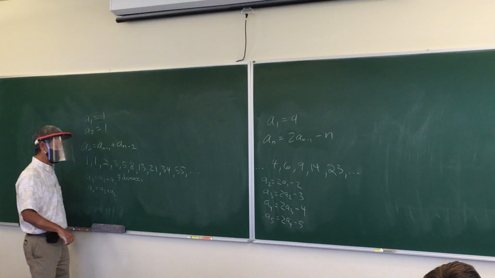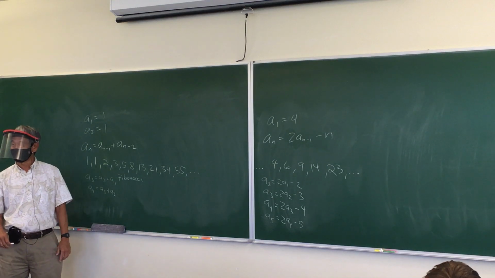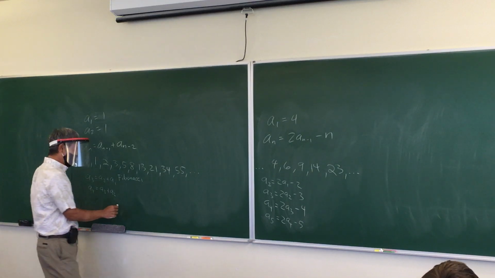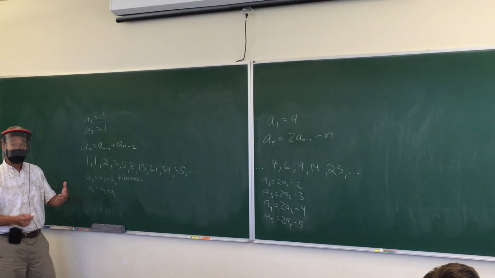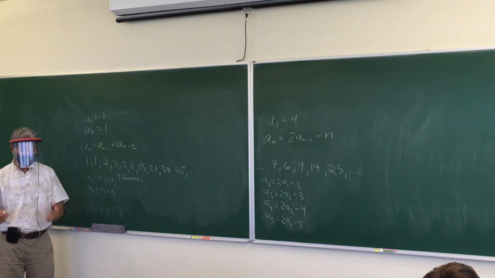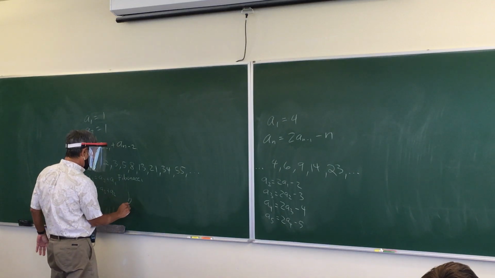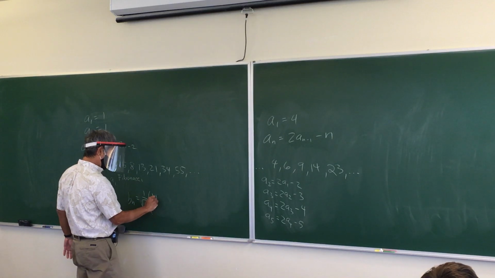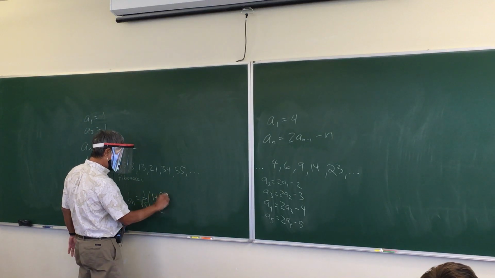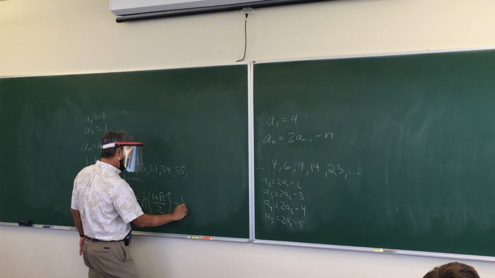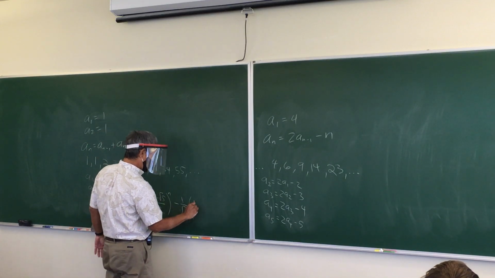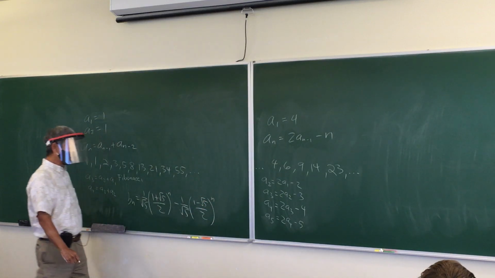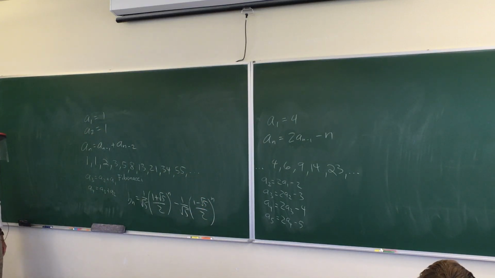Does anybody read books on, like, Fibonacci sequences and things like that? Don't be ridiculous. So the Fibonacci sequence here actually has an explicit formula. This is it. 1 over root 5 times (1 plus root 5 over 2) to the n minus 1 over root 5 times (1 minus root 5 over 2) to the n. That's the formula for the Fibonacci sequence.